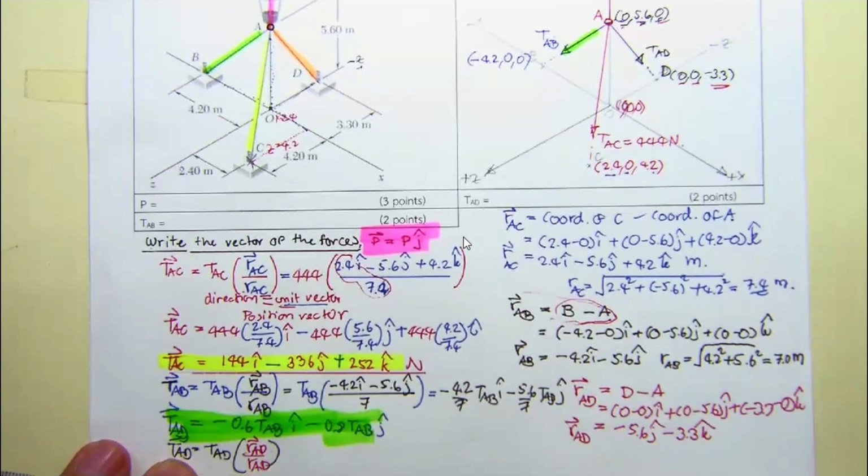What's going to be the magnitude? Let's compute. That's going to be r sub AD equal to the square root of 5.6 squared plus 3.3 squared.